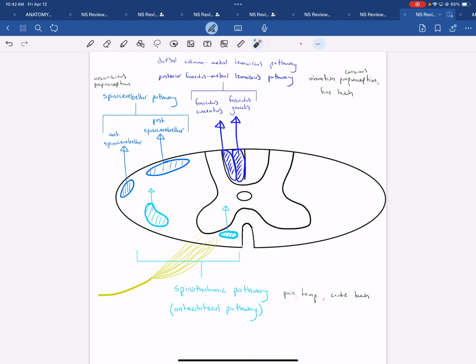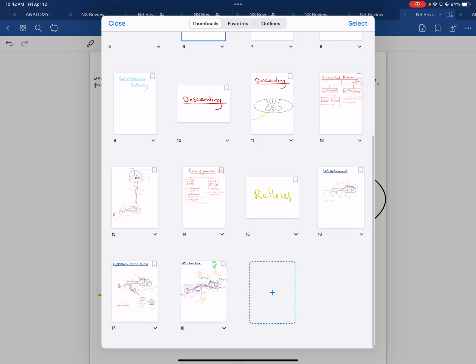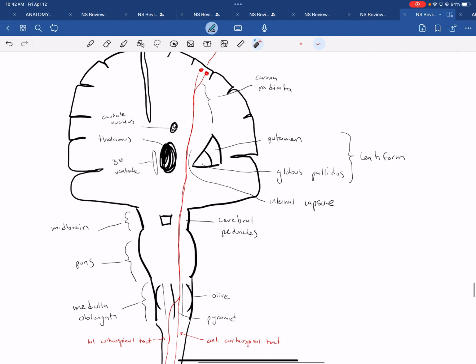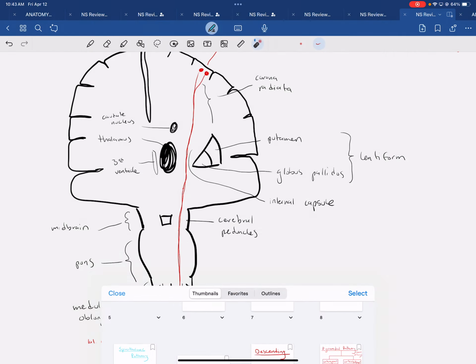And then for the motor, I didn't finish all of them, but let's do one specific pathway. So this is from a previous semester. It's kind of rough, but let's just go through it.